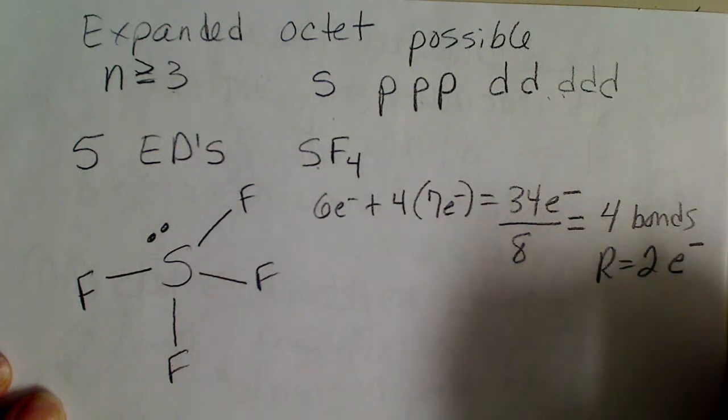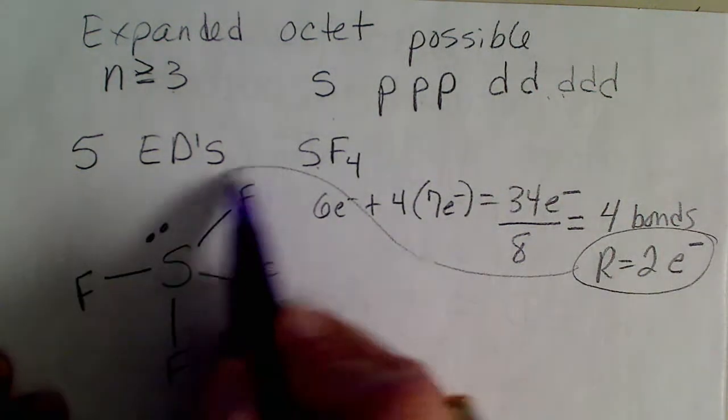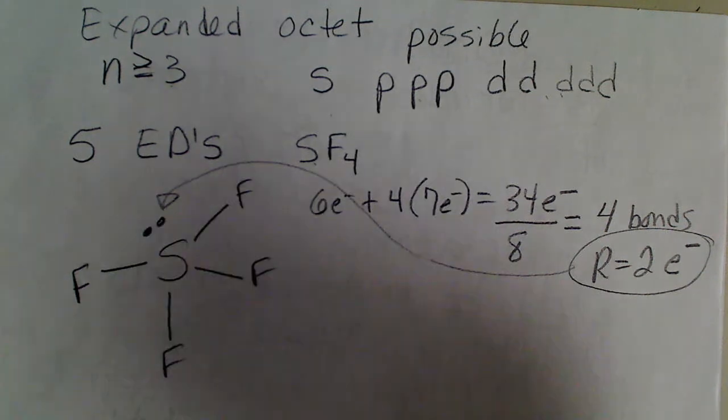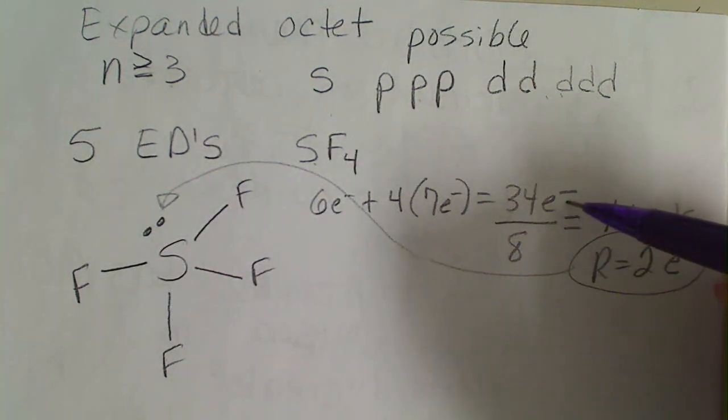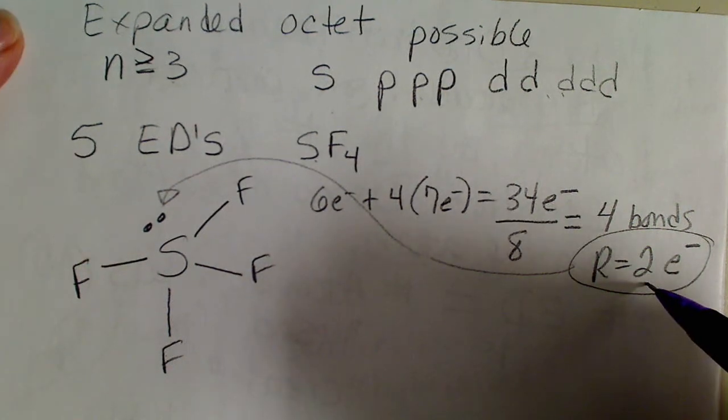This is a quick way of seeing whether or not our central atom is going to have lone pairs around it. So as long as hydrogen's not there, if our electron count is not a multiple of 8, then the remainder will be lone pairs on the central atom.